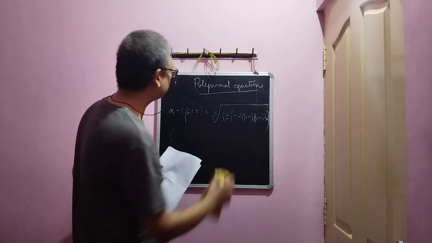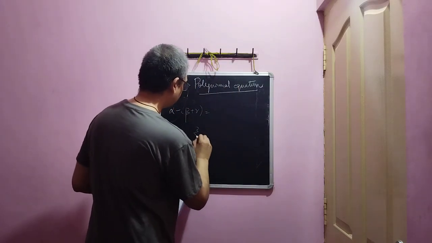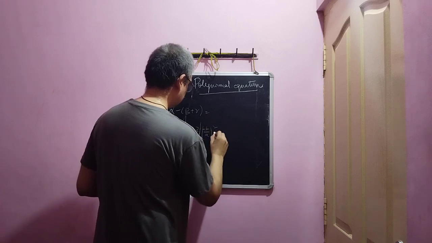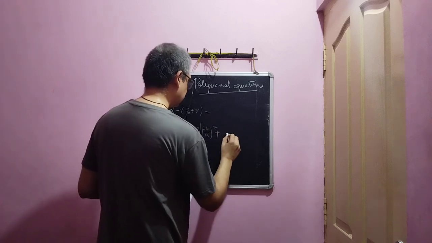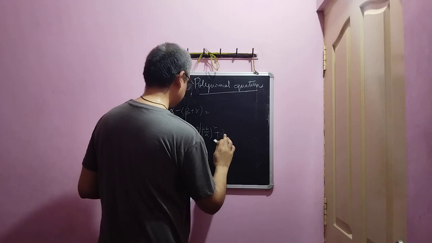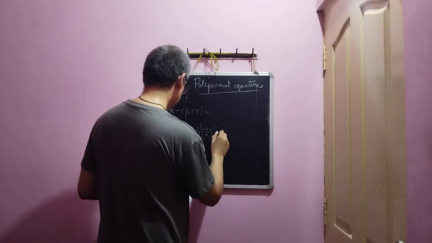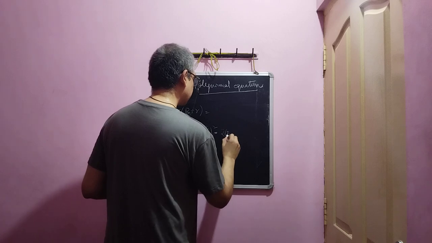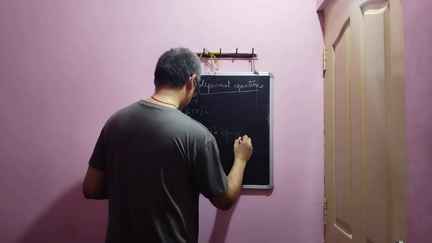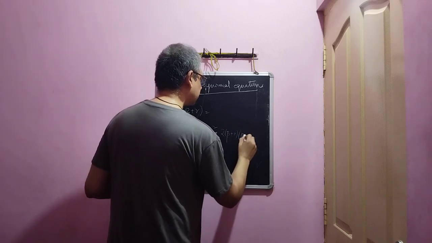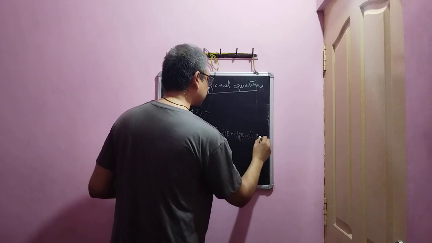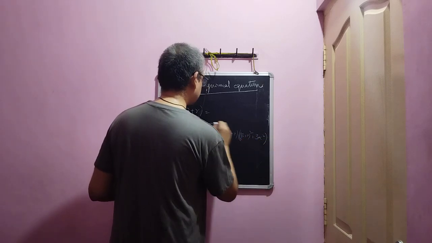Let me write this more neatly here. It is equal to cube root of minus b by a the whole square plus minus b by a the whole square minus 2 times beta plus gamma into beta plus gamma the whole square plus 3 times alpha square.